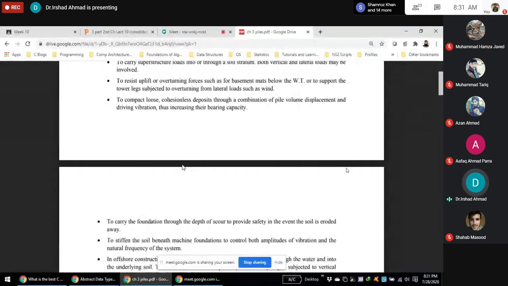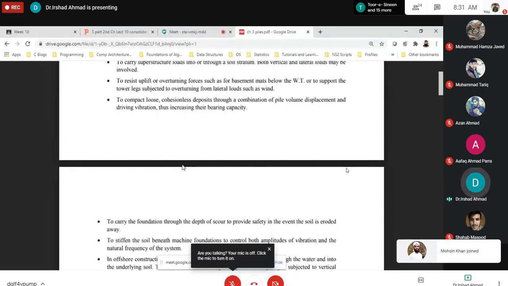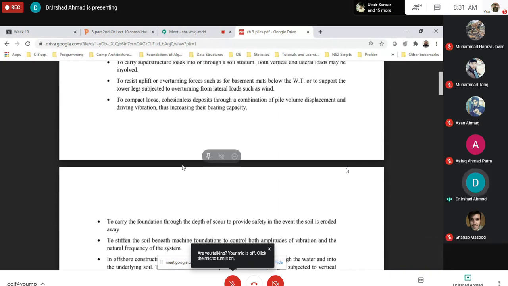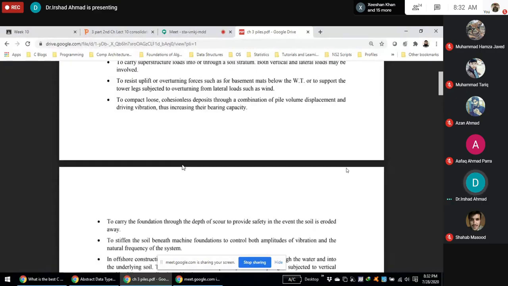But if the weight of the structure is marginal, right, it could destabilize. So in that case, we provide piles underneath the foundation, right? And they would not support the weight of the structure, rather they would prevent the building from going up, not from going down. So the purpose of the piles would be different.